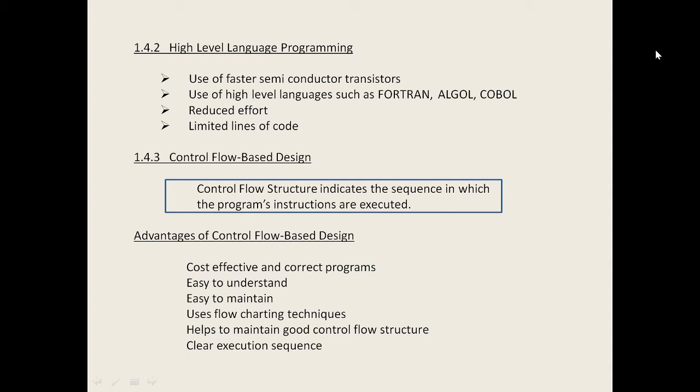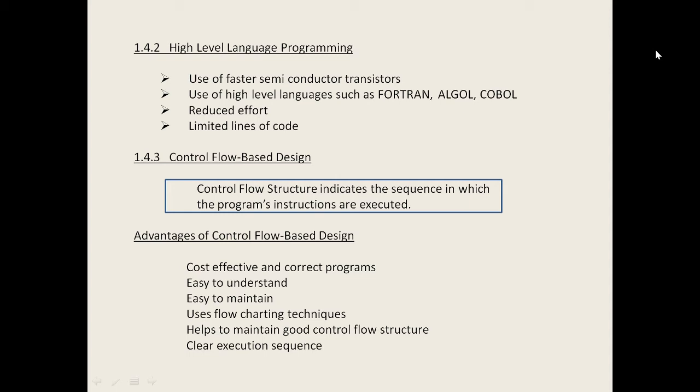Instead of assembly language with more complications in using the pseudo codes, more flexible languages such as Fortran, Algol, COBOL, such high level languages were introduced in that period. And these high level languages reduced the effort required to develop software products and helped programmers to write larger programs.